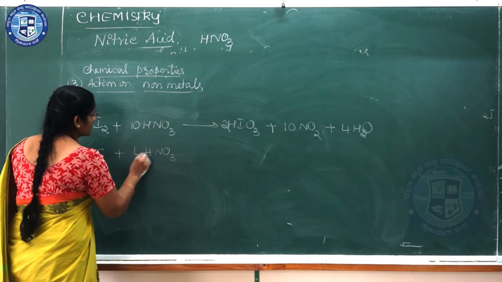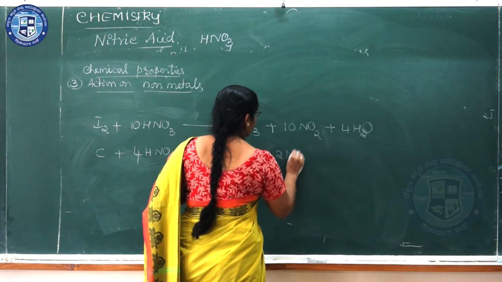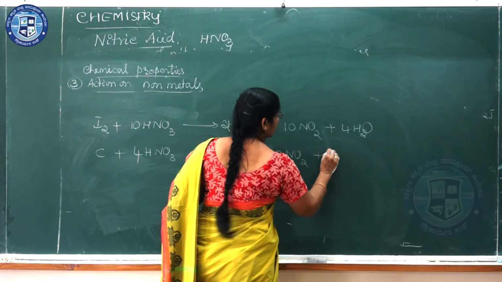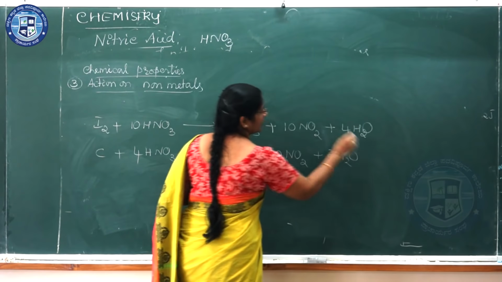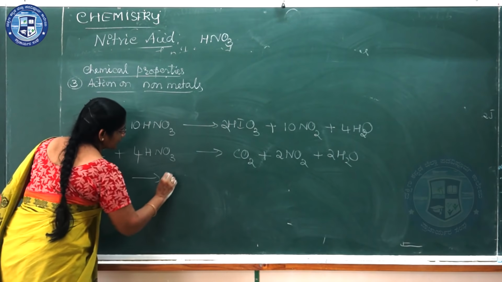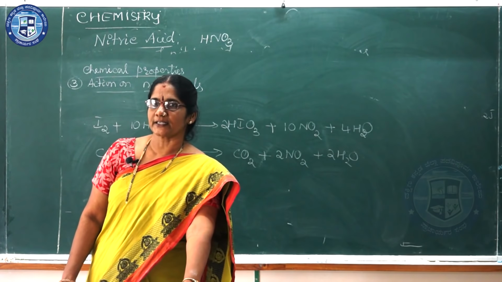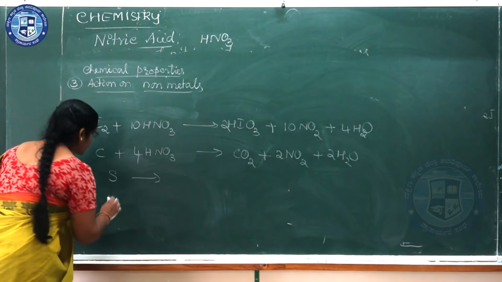Then carbon reacts with nitric acid to give carbon dioxide, nitrogen dioxide and water. And sulfur gets oxidized to sulfuric acid and phosphorus gets oxidized to phosphoric acid.